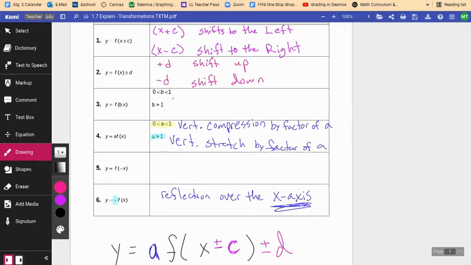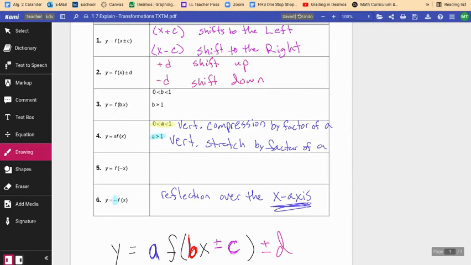Okay, so let's talk about this B value. So the B sits inside the parentheses, but it's in front of the X. And so this one is probably the most confusing, but it's like A in a sense, except everything's horizontal.